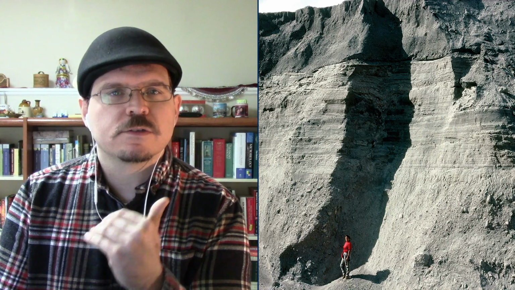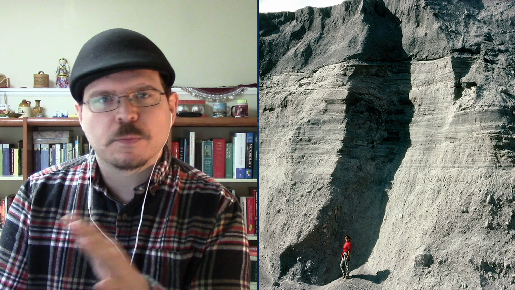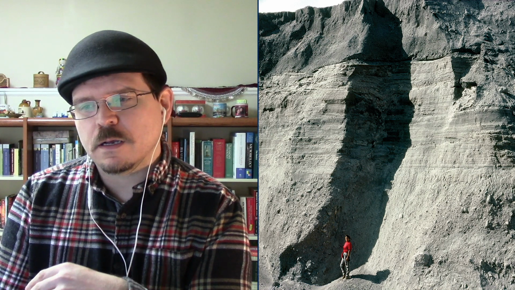Mount St. Helens is a great natural experiment in rapid sedimentation, the rapid formation of strata that look just like the kind of strata that we see in many other places, like Grand Canyon.